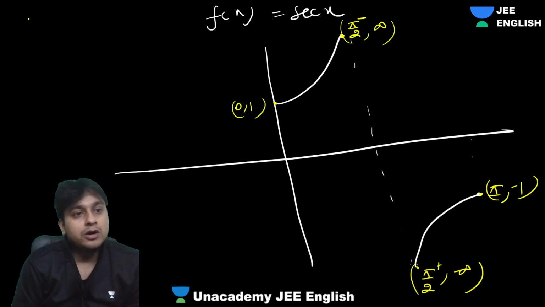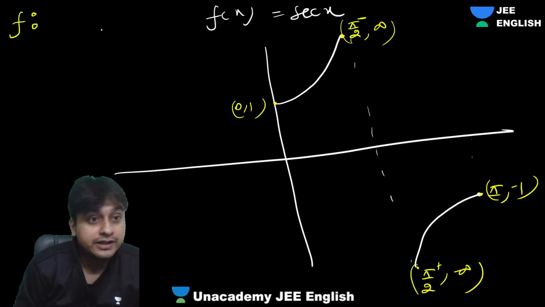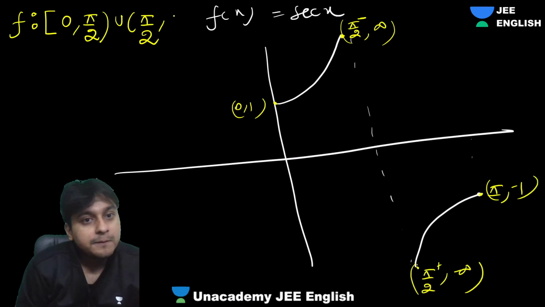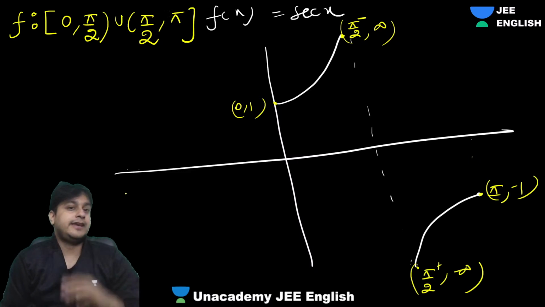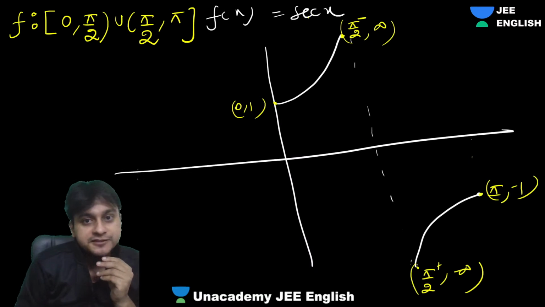Okay, so guys, what is the curtailed domain? Curtailed domain, see guys, please carefully. The domain is 0 to pi by 2 open union pi by 2 to pi. Understood? Did everyone get this point? This is the new domain of sec x.